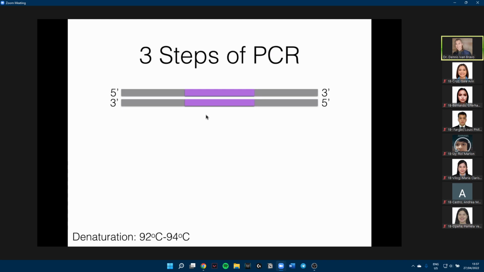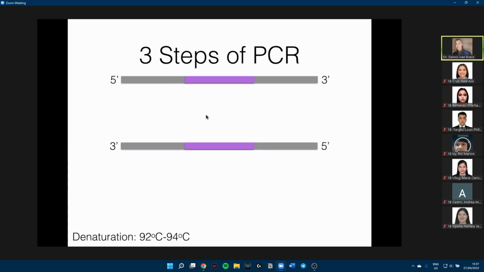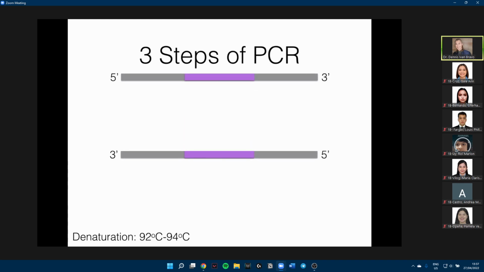In the replication process we have studied last week, this was accomplished by the enzyme helicase. But in this process, since this is in vitro, we can simply raise the temperature to near boiling point, 92, 94, or 96 degrees Celsius. Then the temperature is lowered to about 40 degrees Celsius to allow the binding of preformed primers.